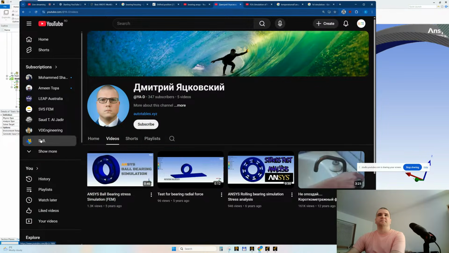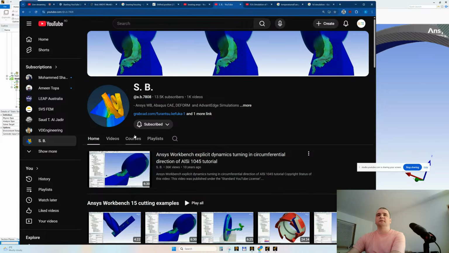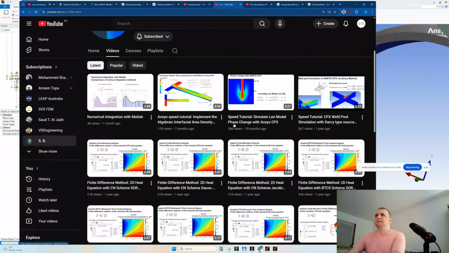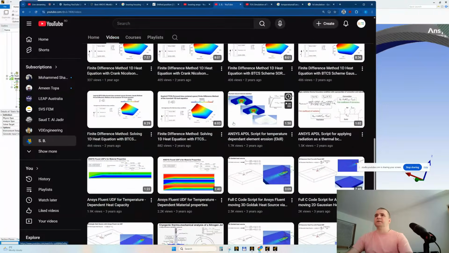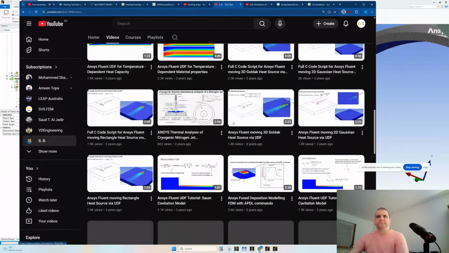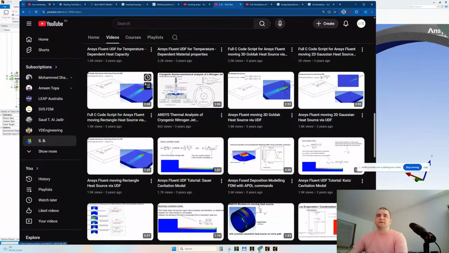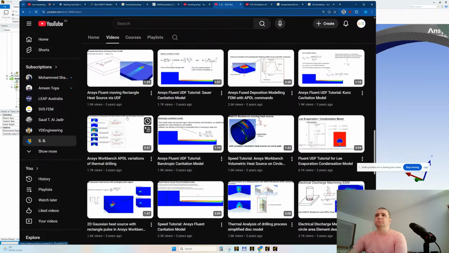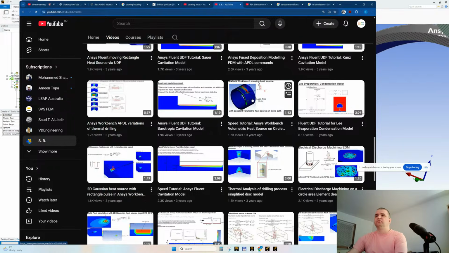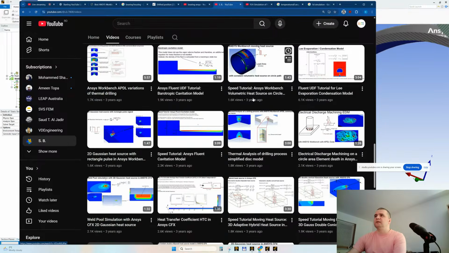Another guy that I respect very much is this engineer. I think he's Japanese, and he's on a different level. I think he is mastering everything that is heat source moving, heat dissipation, laser welding.